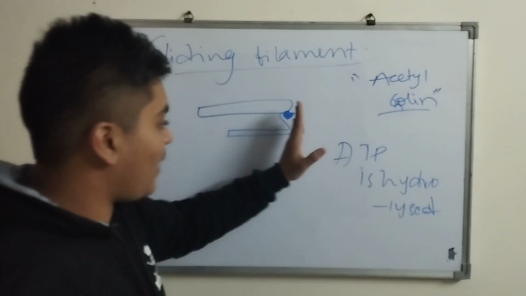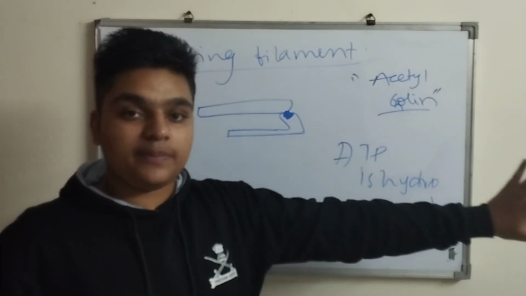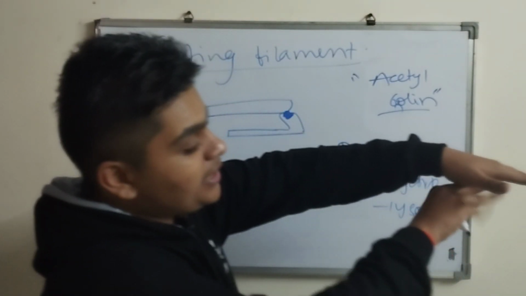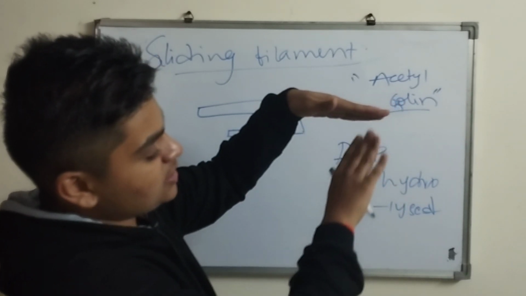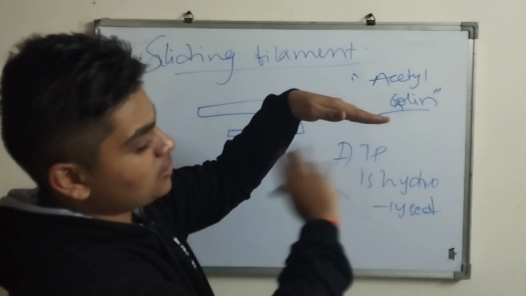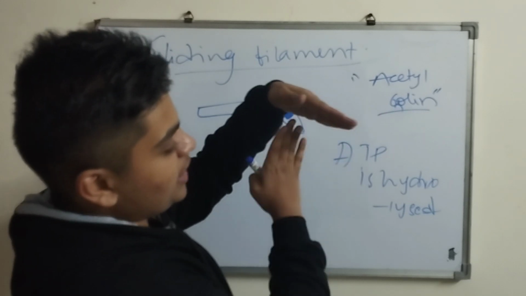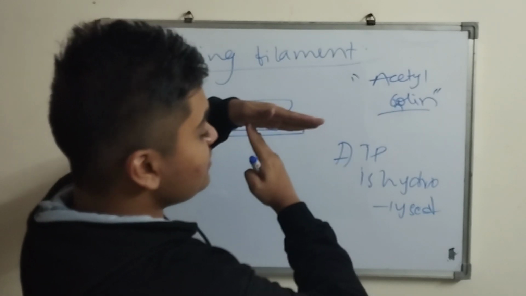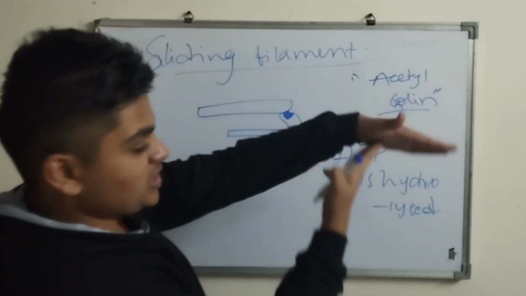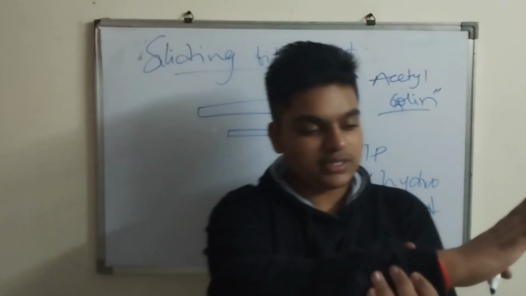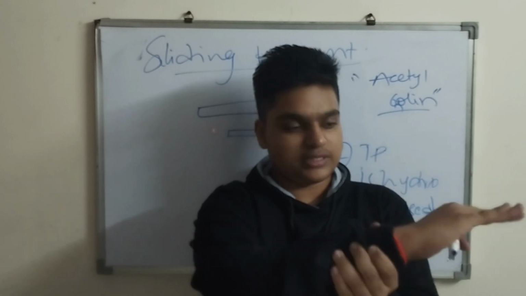Now what happens? As soon as this binds to this, another ATP is hydrolyzed and it gives a power stroke. See, this is your Z line, this is your actin filament, this is your myofibril. It pushes here like this, the myosin pushes.